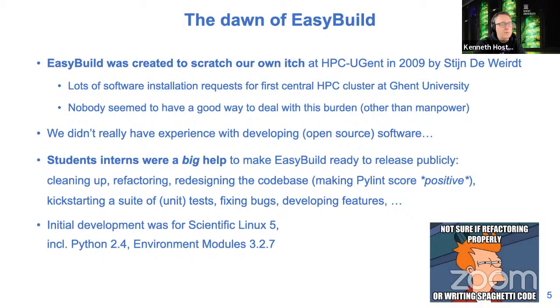And pretty quickly, it was clear that dealing with incoming software installation requests was going to be a big problem. The manpower back then was very limited. It was 2 technical people and a manager. And they had to do everything basically, from the hardware problems to the system administration, OS updates, and also the user support and providing software installations to the researchers.